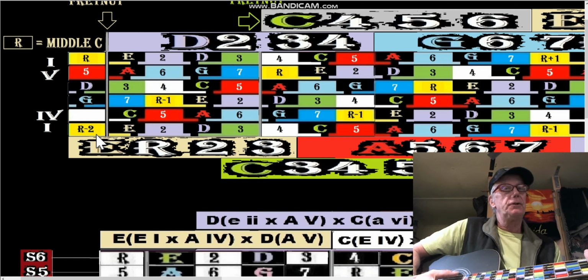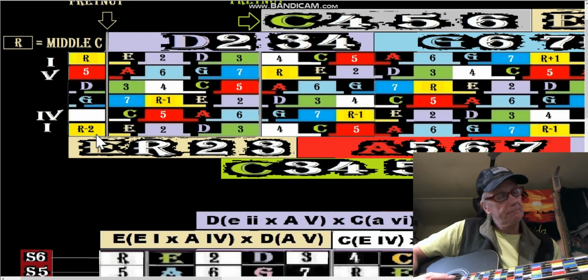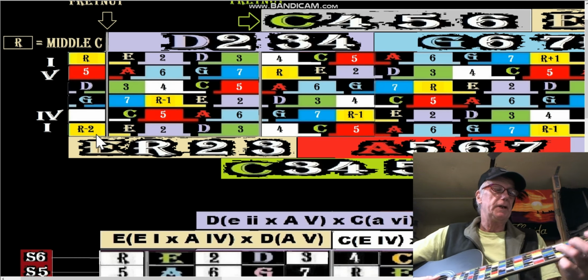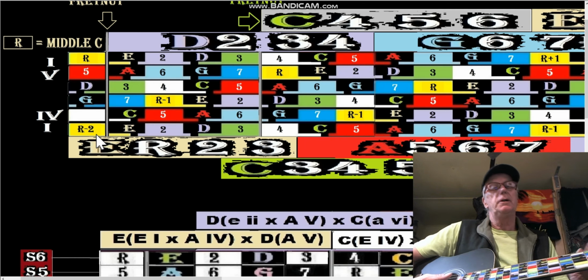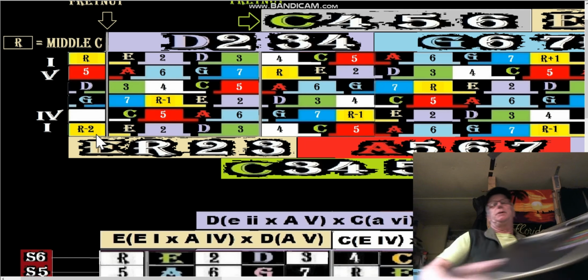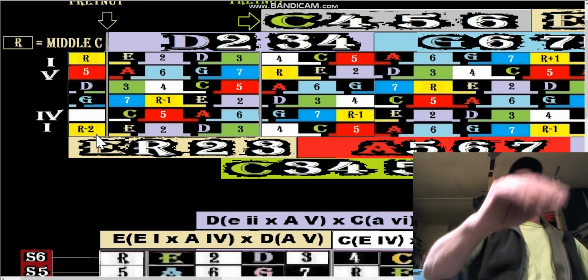G is the third of E flat. So the dot scale is the E flat scale, right? Well, that didn't quite come out. Let's try that one more time. There is your E flat major scale, and I could do it on the piano just as easily.